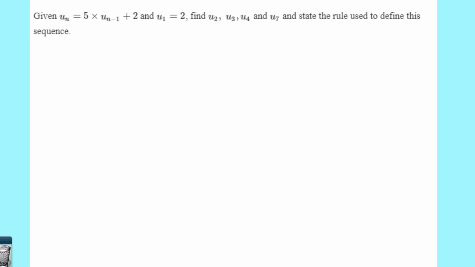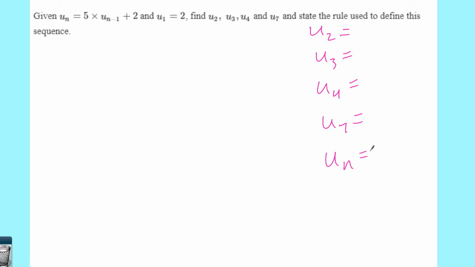So, given that the nth term is this, and the first term is 2, find the second, third, fourth, and seventh, and state the rule used to define the sequence. So we're looking for the second term, the third term, the fourth term, and the seventh. We also want any rule, so we want to know how to find the nth term.